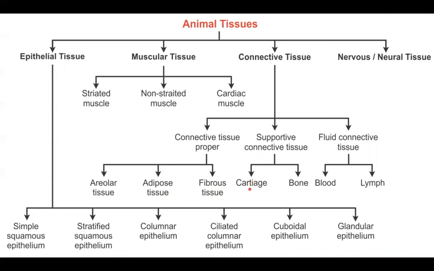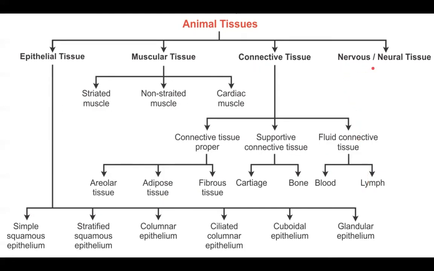The cartilage, I told you, has no nerve endings, has no blood vessels, and is non-porous, whereas the bone is porous, is richly supplied with blood vessels, and has nerve endings. The fluid connective tissue is of two types, the blood and lymph. Blood helps in the transportation of gases, nutrients, and waste material, and lymph has a primary function in immunity.